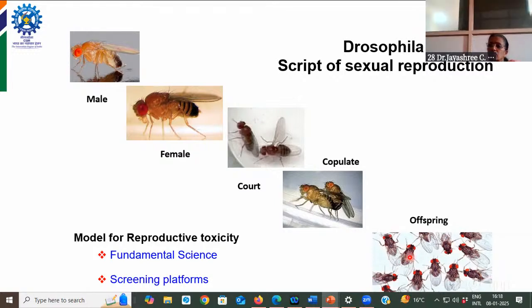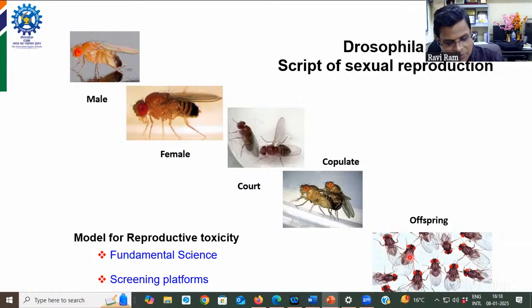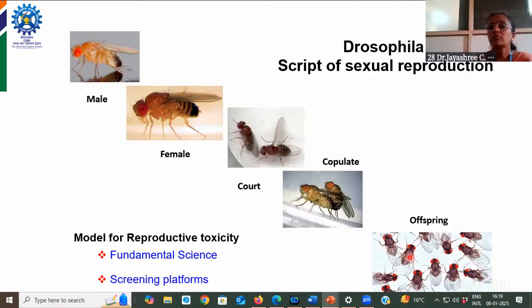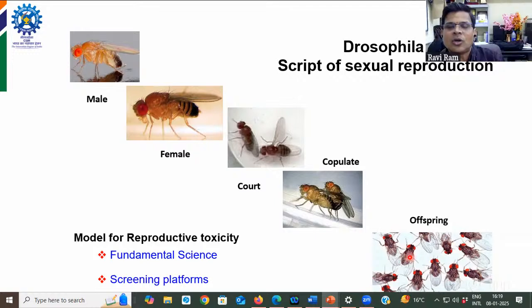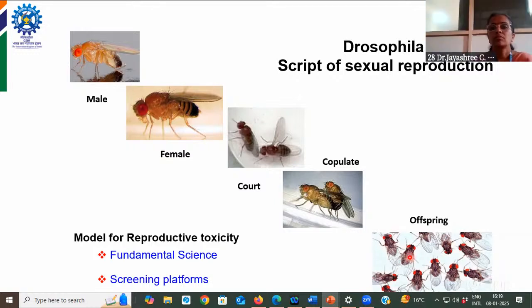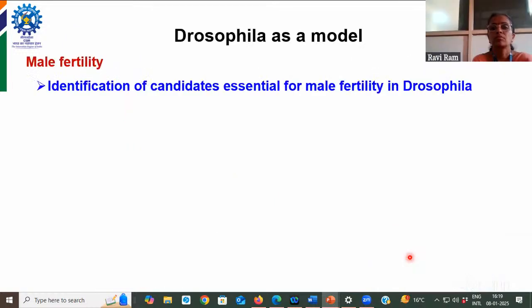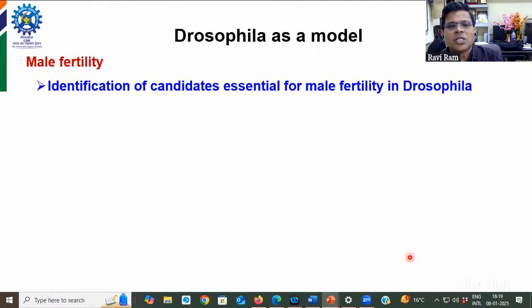We continue that in our lab in identifying the fundamental biology of male fertility in Drosophila, and then we translate that knowledge into screening platforms relevant to toxicology. I'm going to talk initially about how we identified different molecules essential for male fertility in Drosophila.